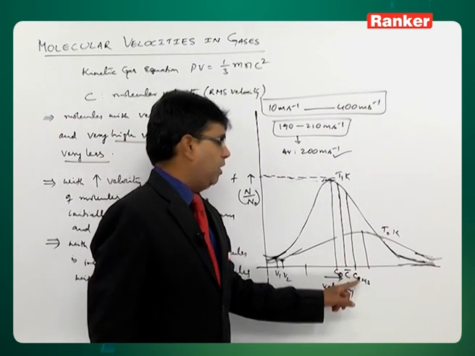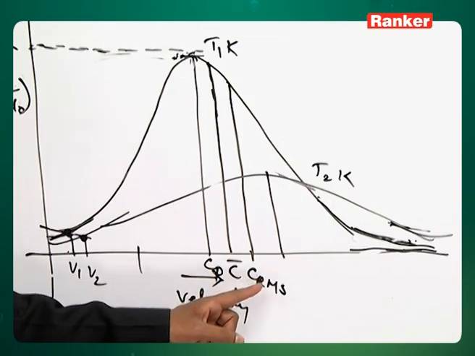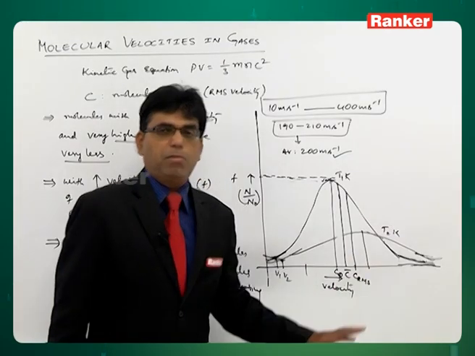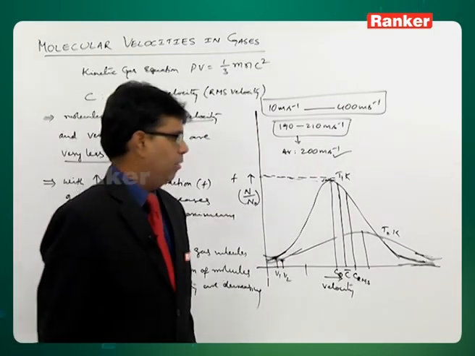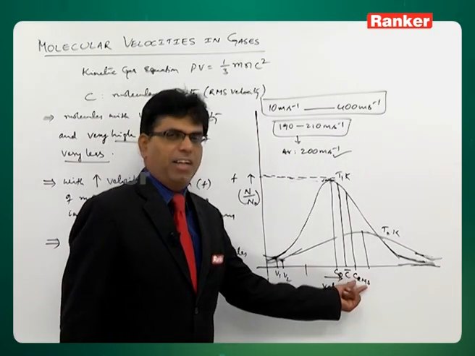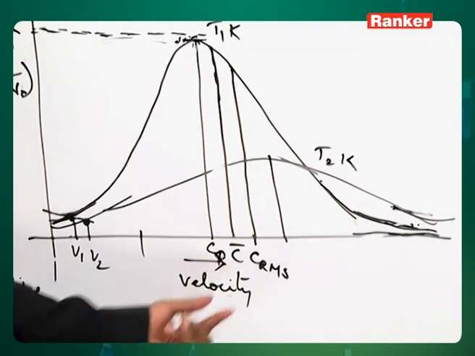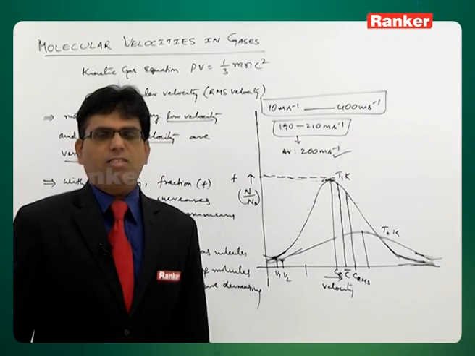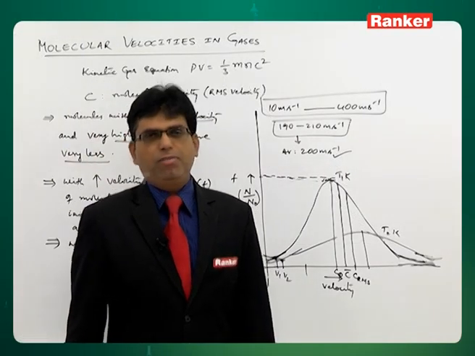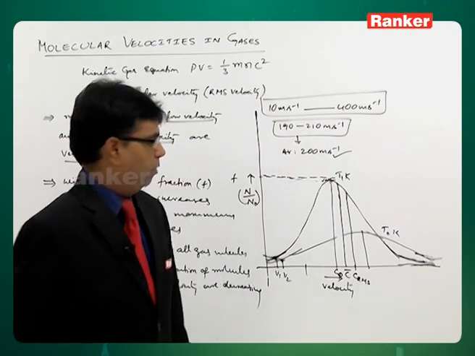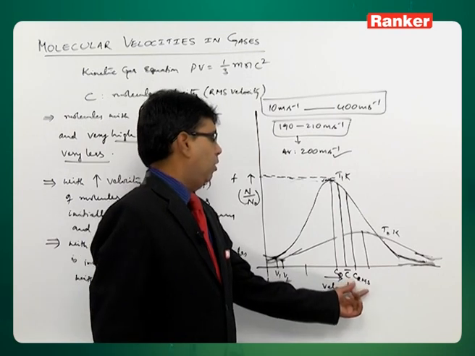So another velocity term that is suggested is CRMS, which is considered more appropriate while deriving the kinetic parameters of the gas molecules. What is this RMS velocity? RMS stands for root of mean of square of velocities, the RMS velocity.